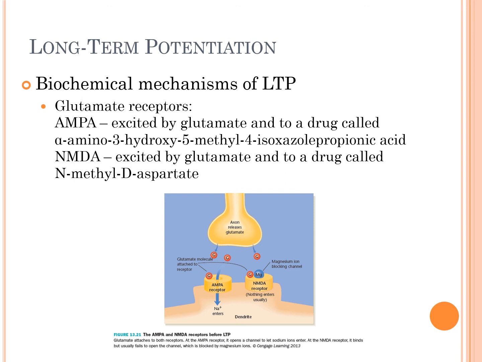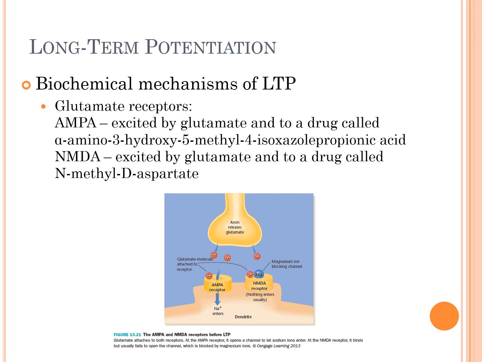And what's happening, so if we look at the picture that Kalat gives us of the presynaptic neuron and the postsynaptic neuron, the axon of the presynaptic neuron is releasing glutamate, that widely distributed excitatory neurotransmitter. It is fitting into the AMPA receptors, okay, and that's allowing sodium to enter. So it is an excitatory neurotransmitter.